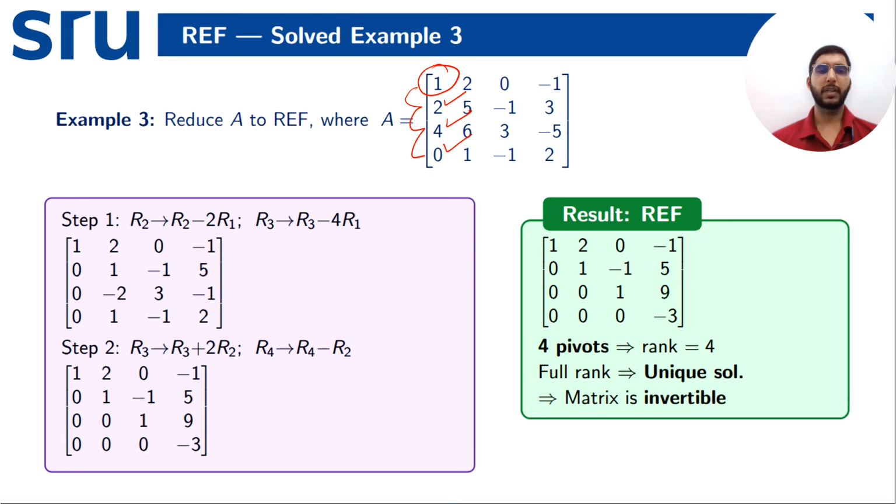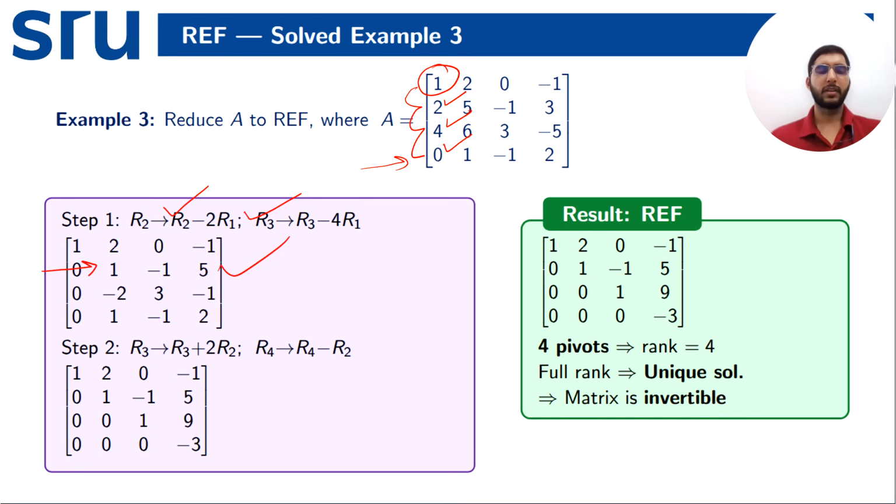So we'll just apply suitable operations like R2 changed to R2 minus 2R1, R3 changed to R3 plus 4 times R1, and R4 automatically has 0 here, so we need not apply any operation. After applying these two operations on row 2 and row 3, we get the matrix as you can see on the screen.